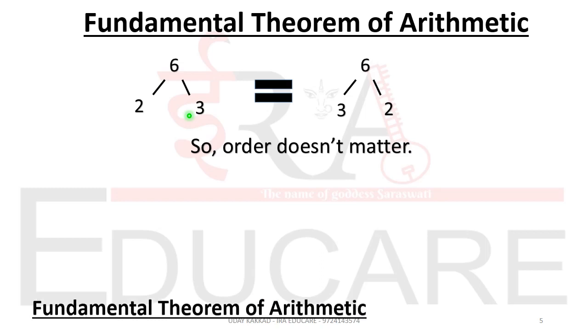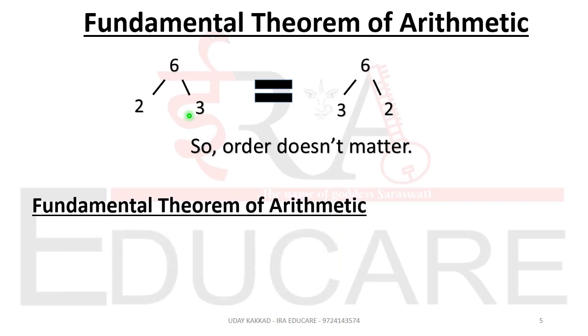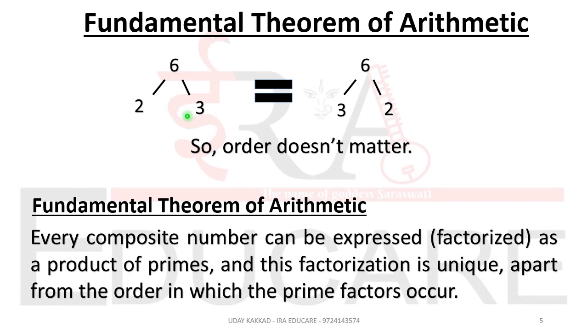So now let us move to the fundamental theorem of arithmetic, and this is the statement of the fundamental theorem of arithmetic. Every composite number can be expressed as a product of primes. 2 threes are 6, so this is the product of 2 and 3, and 2 and 3 are prime numbers.